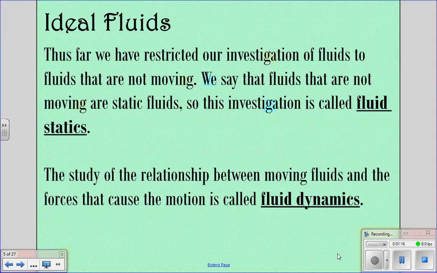The study of the relationship between moving fluids and the forces that cause the motion is called fluid dynamics. So if you have fluids that are moving and then the forces that cause that motion, that's going to be called fluid dynamics.